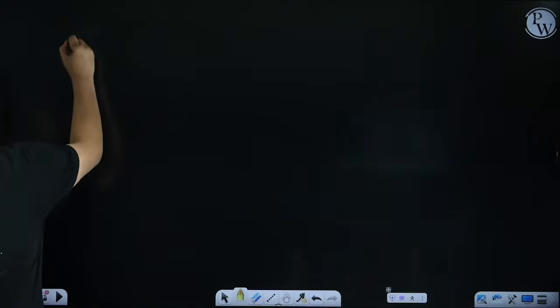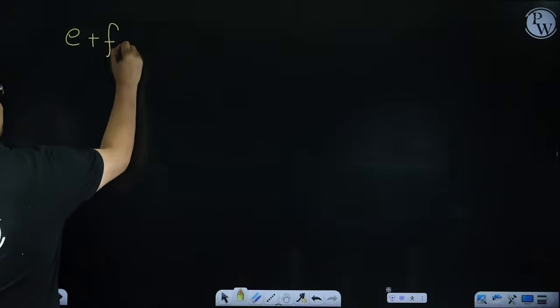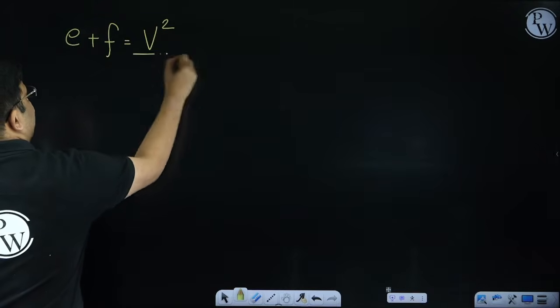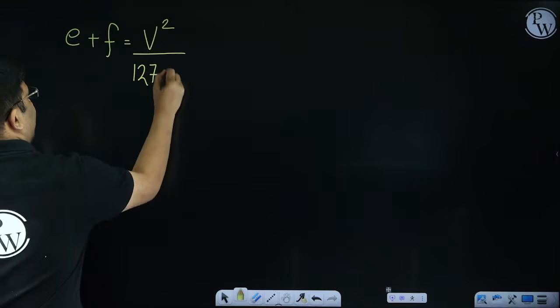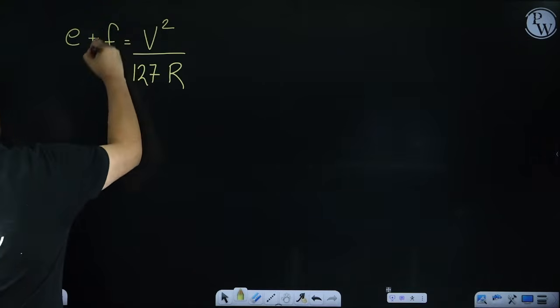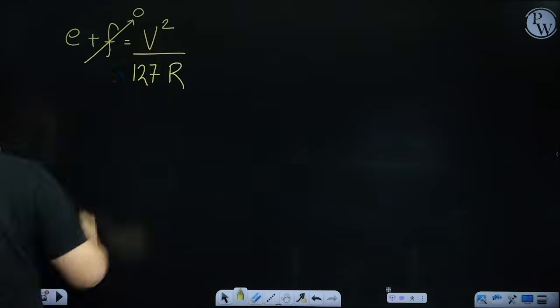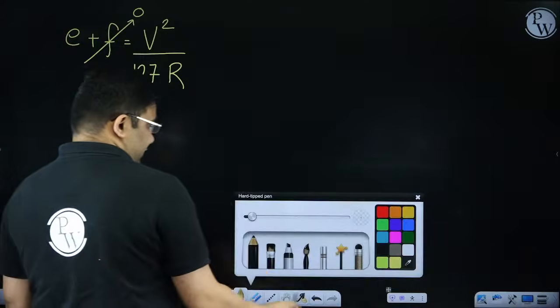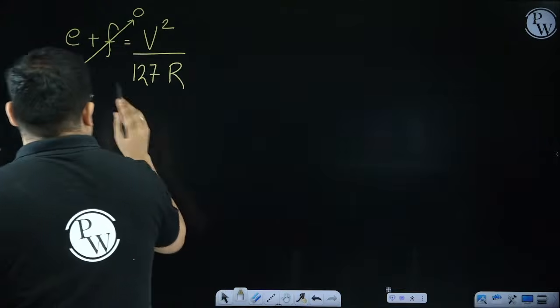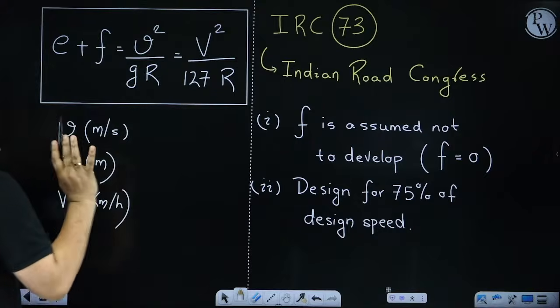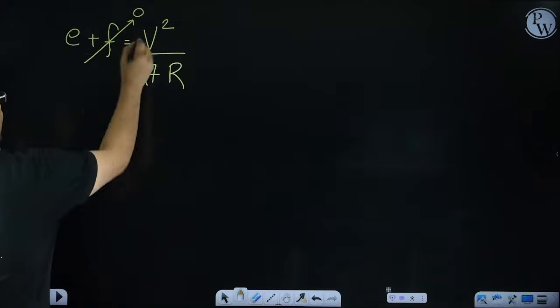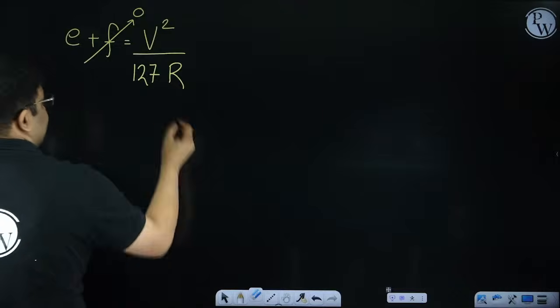The original equation is E plus F is equal to V square by 127R. First, we said that F is 0, because we are assuming that friction is not getting developed. And second, we are designing for 75%.